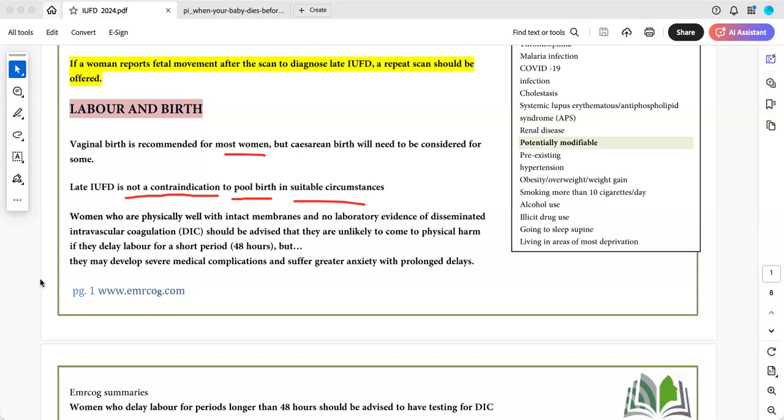What is the time when you will recommend delivery, or the woman goes for induction of labor or even a cesarean if there is an obstetric indication for it? What do you suggest, guys? Immediately or after? One week?